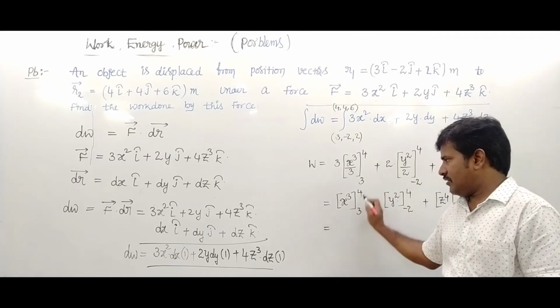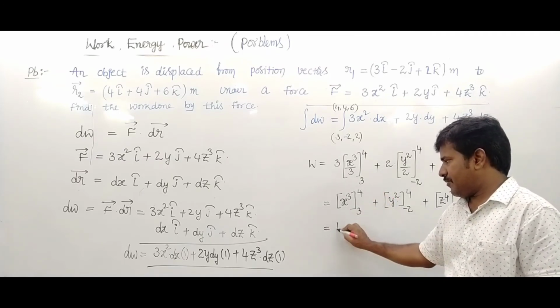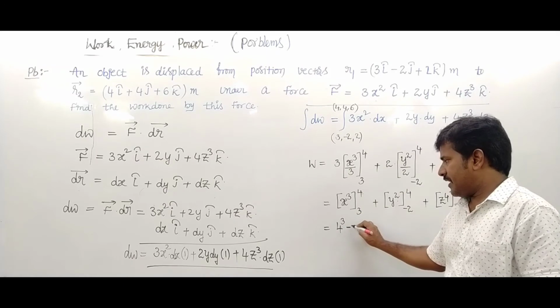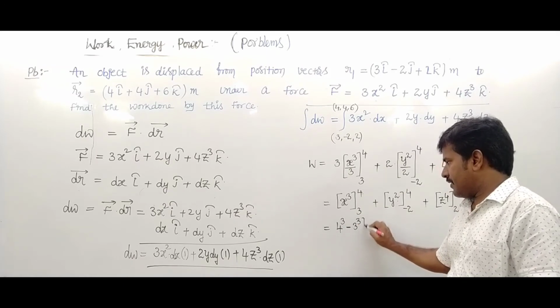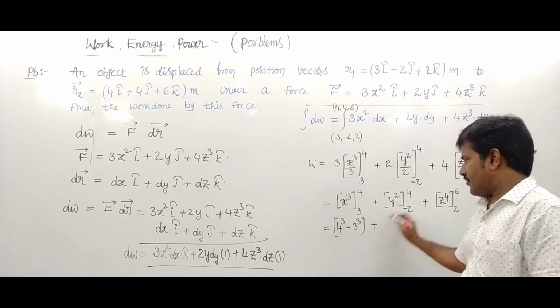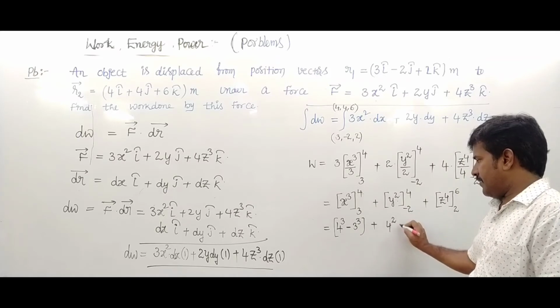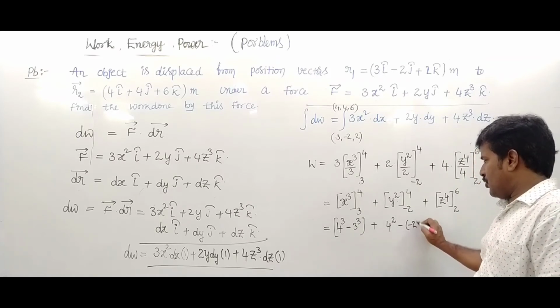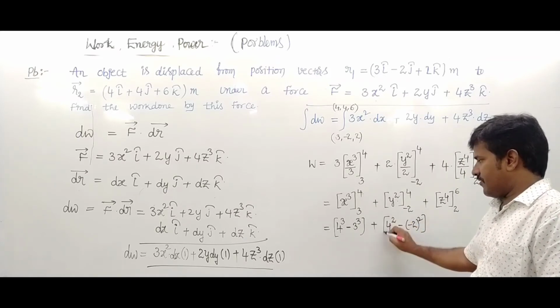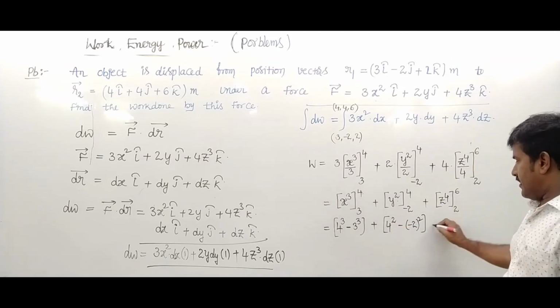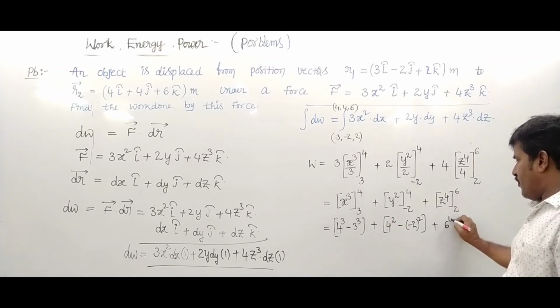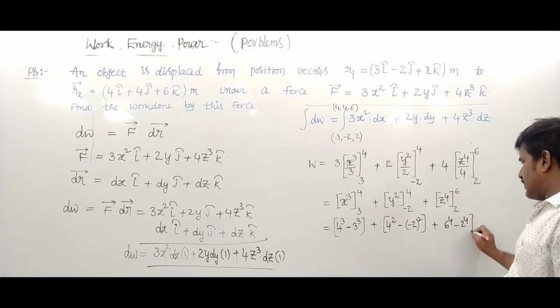Then the final value is 4³ minus 3³, upper limit minus lower limit, plus 4² minus (-2)², plus 6⁴ minus 2⁴.